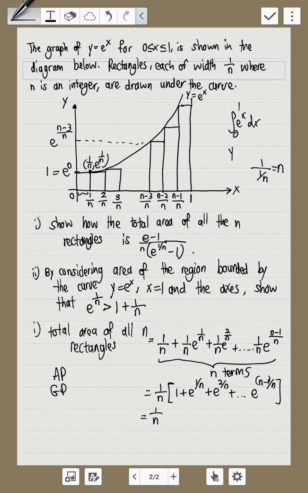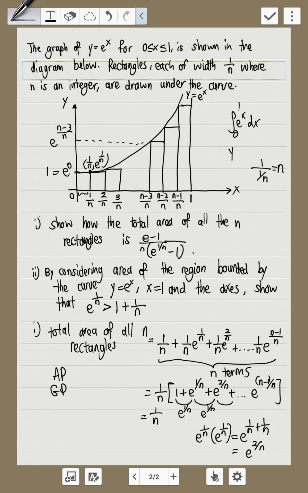So for example, if we have a GP, e^(1/n) multiplied by 1 will give me e^(1/n). And e^(1/n) multiplied by e^(1/n) will give me e^(1/n + 1/n) by the power laws. So it will give me e^(2/n), right?